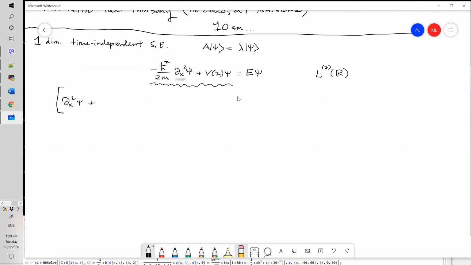You can multiply by 2m over h bar squared, and this 2m over h bar squared runs around everywhere. It's E minus V. This kind of quantity is quite common in what we'll be doing. This E minus V times this quantity, all of this multiplying psi, is equal to 0.